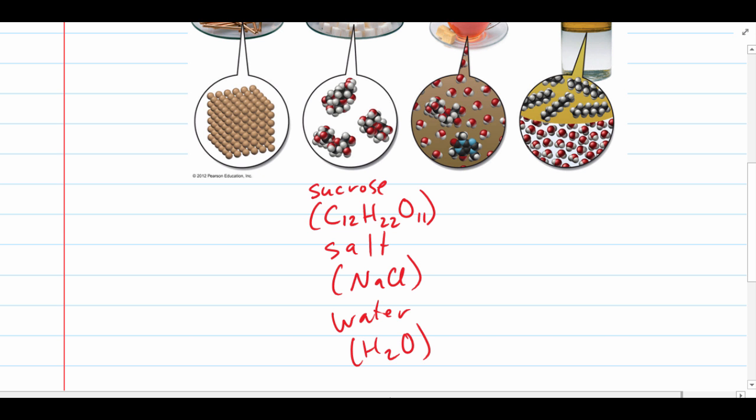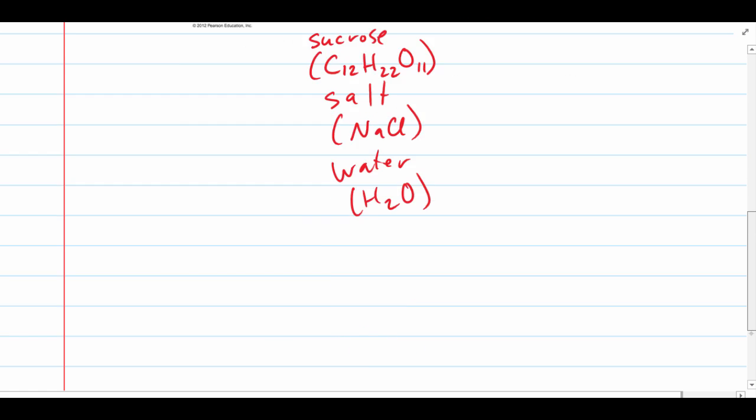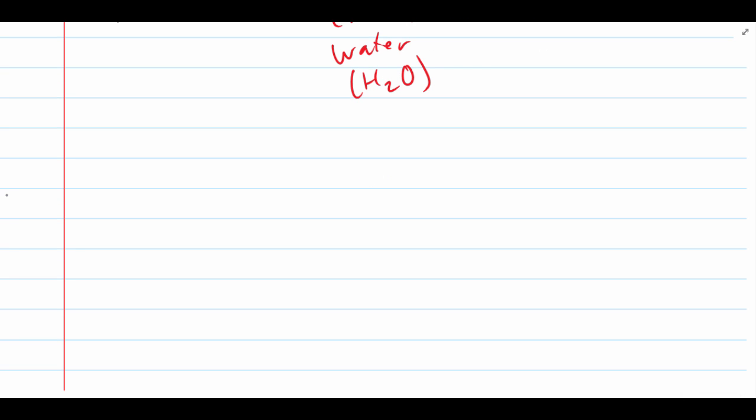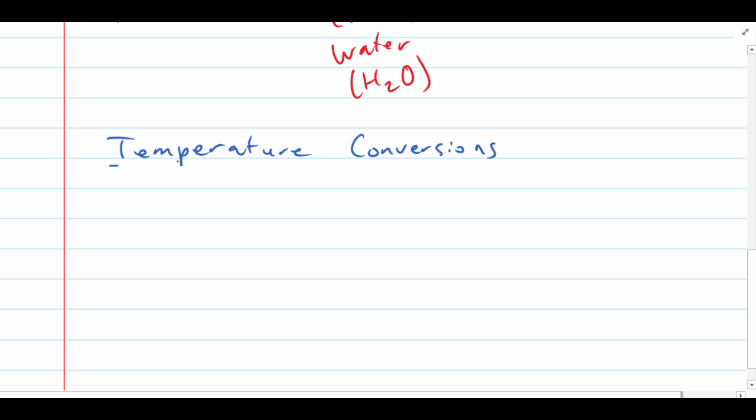Chapter 3 is kind of a hodgepodge of things, and it wraps up by looking at some temperature conversions. What I'd like you to do now is take some time and do these 3 temperature conversions. First, we'll take 25 degrees Celsius and convert it to kelvins.